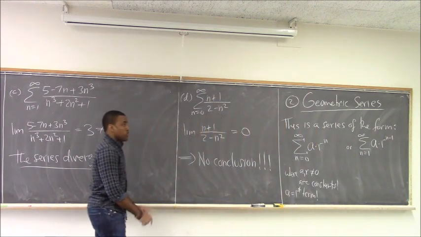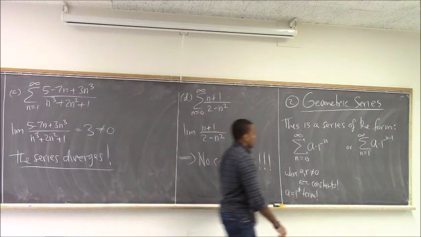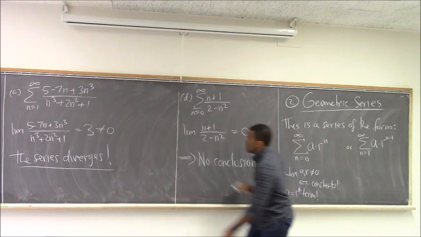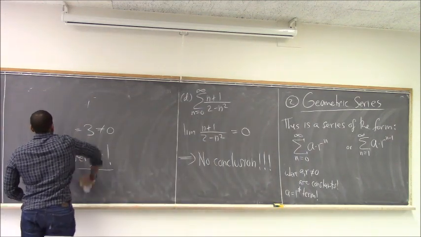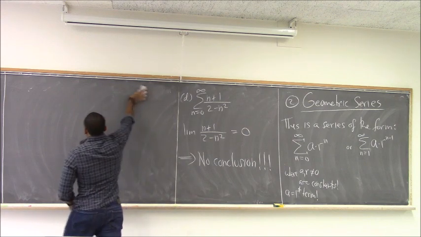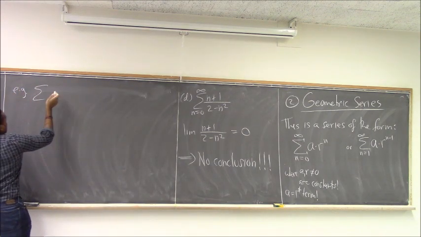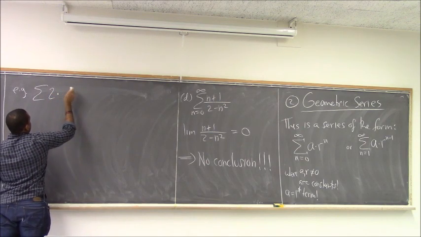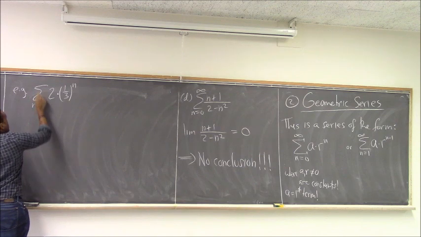So these two forms specifically are called geometric series. For example, 2 times 1/3 to the n is a geometric series.